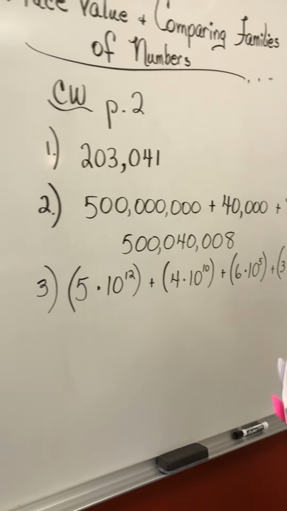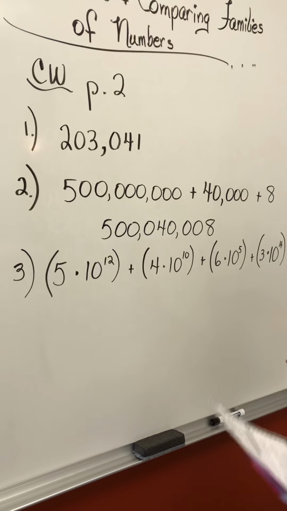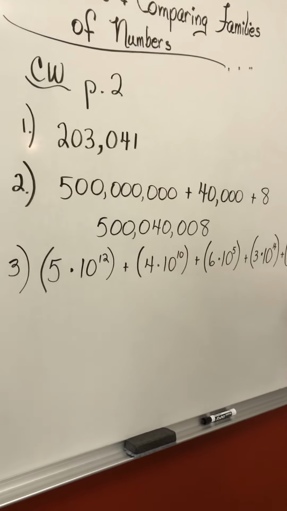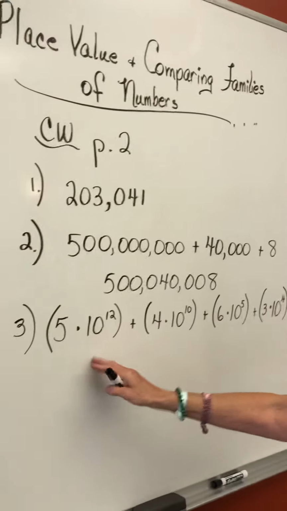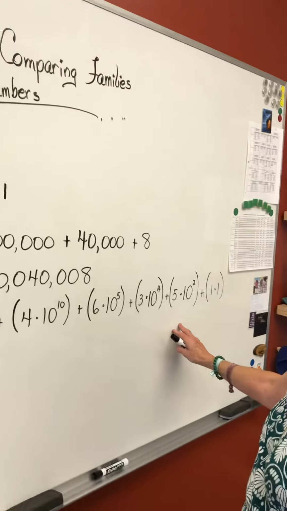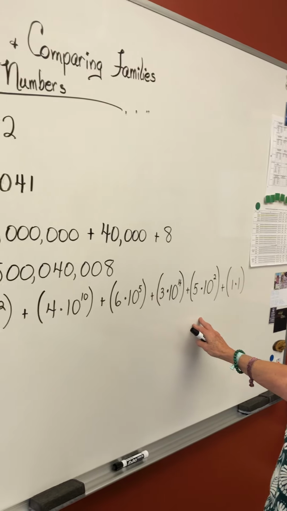Okay, so let's break this down. So you could start from this end and build up, or you can start from the high end and move down, whichever way you want to do that, okay?